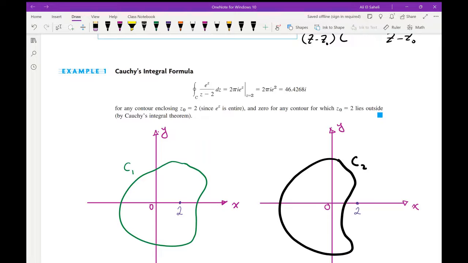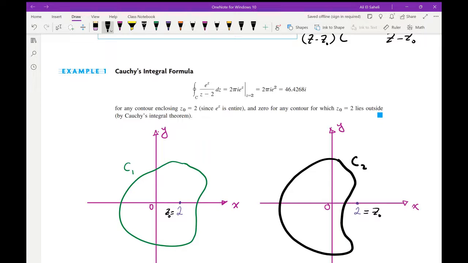Does that closed contour include the point 2? In this case, the point 2 is z0, or it does not. Does it include the point 2 or not?